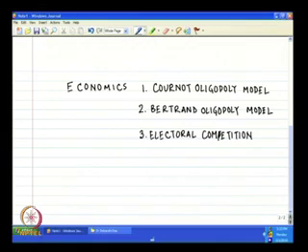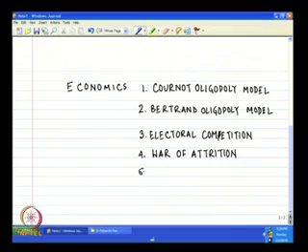There also these models of electoral competition are used. Then we shall talk about what is known as war of attrition.